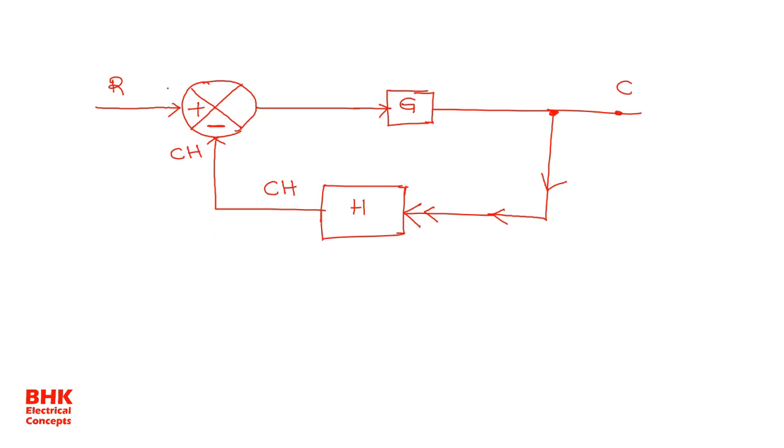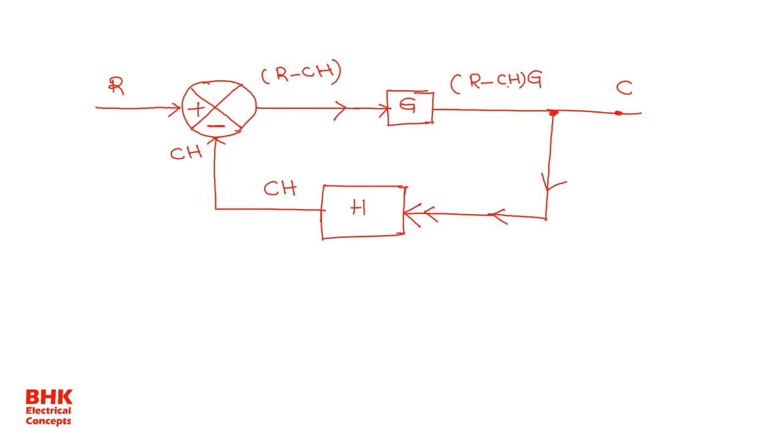R has the positive sign and CH has the negative sign, so the summing point gives R minus CH. This value is the input for the gain block, so we can write (R minus CH) into G.